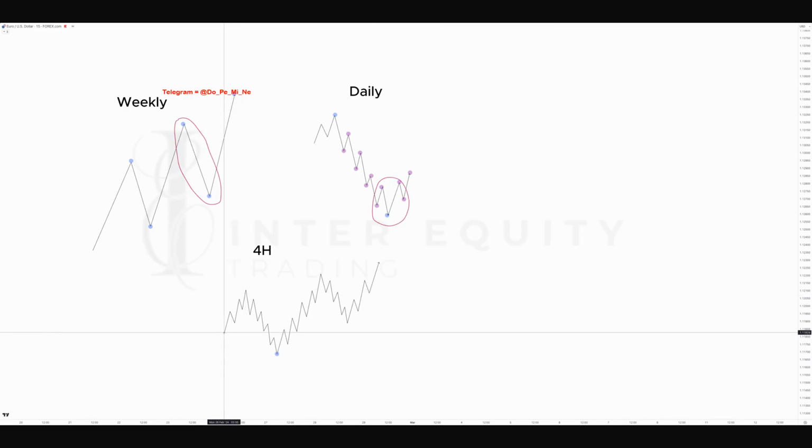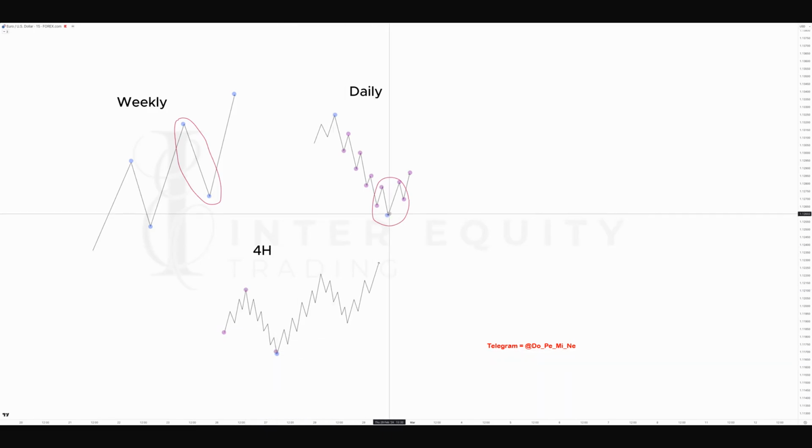Right, so this is the lower low, the lower high, right? So this is this right here. This low right here is basically this low over here on the daily.